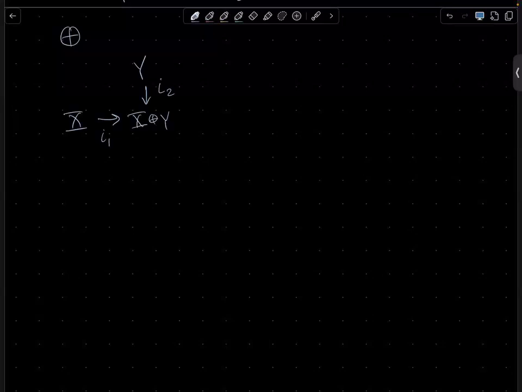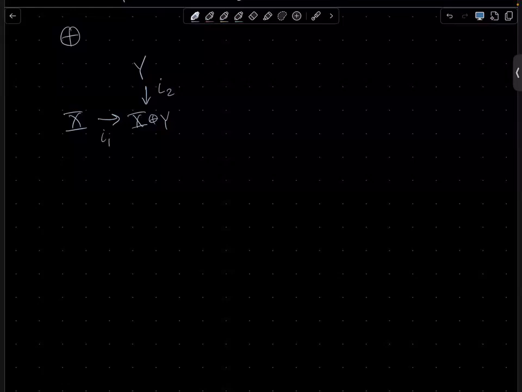You should think of R modules. Your model for an additive category should be like abelian groups or R modules or something nice. So this is the diagram for the coproduct, and then there's this universal property, which many of you saw last week.